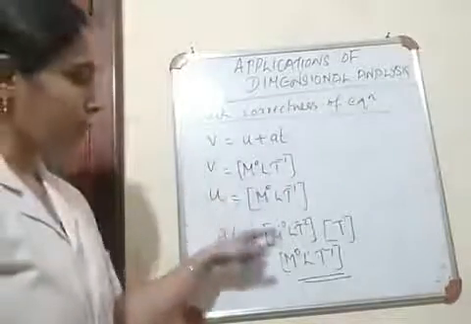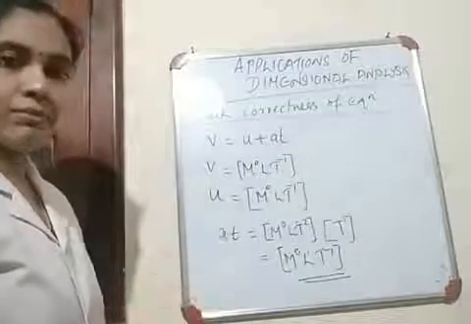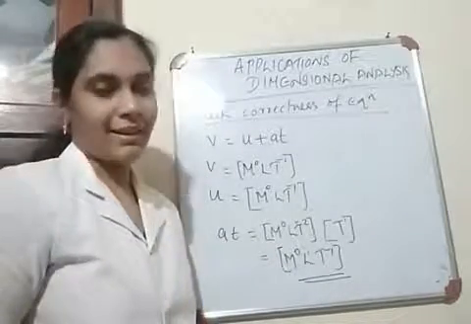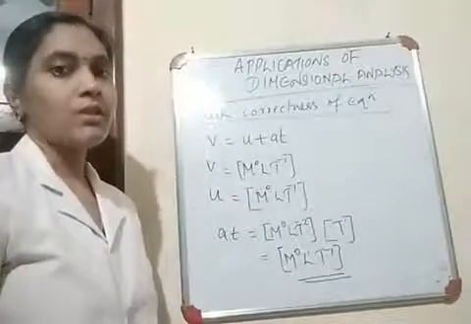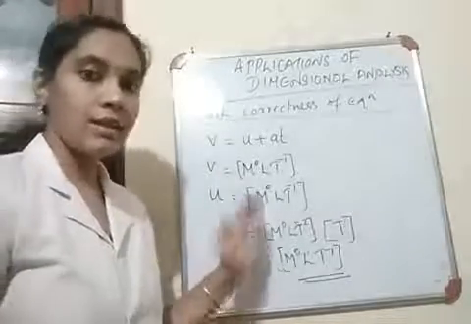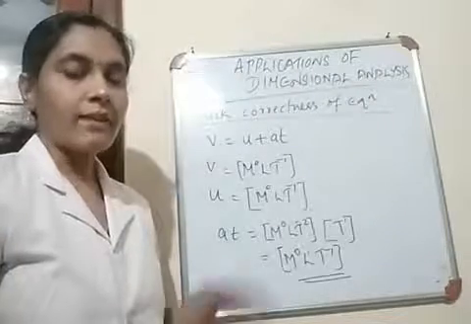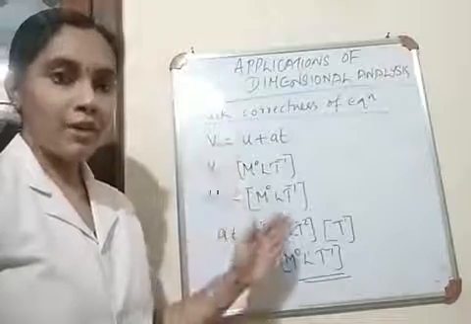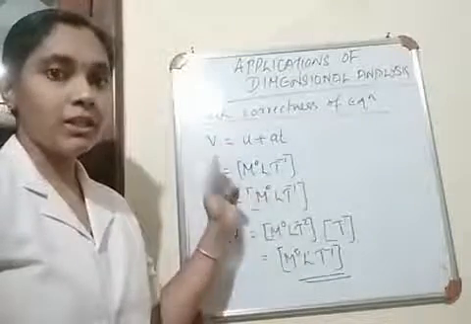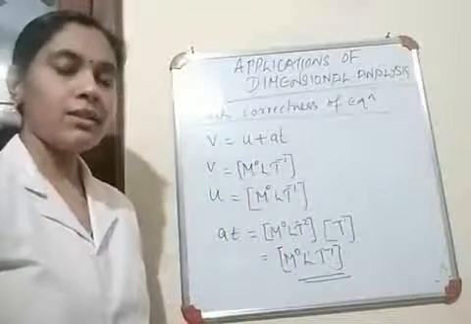Just look at the dimensional form of each term. Is it the same? Yes. That means this equation is correct. This is known as consistency of the equation, and this is known as the principle of homogeneity. The dimensional form of each term in this equation is the same.